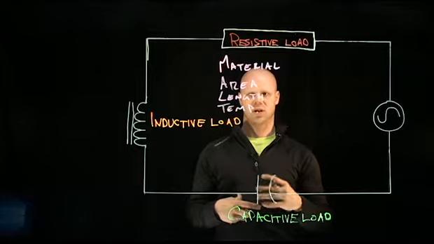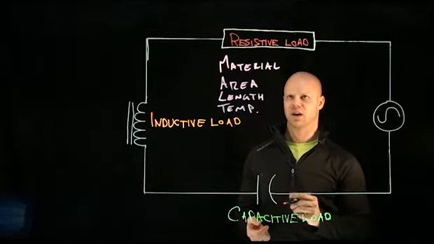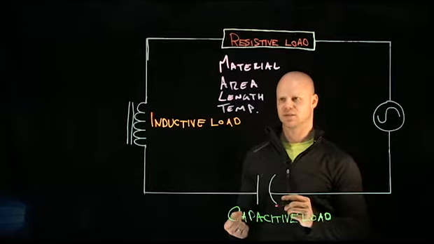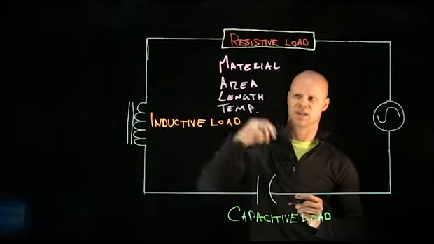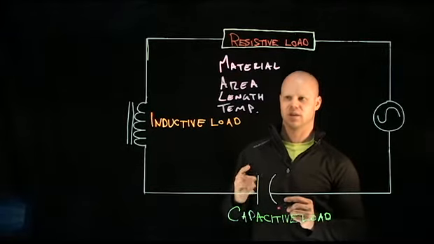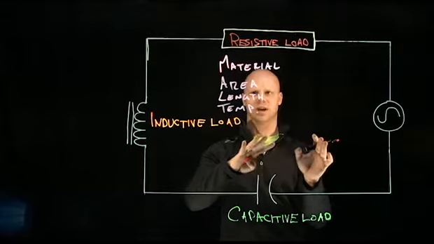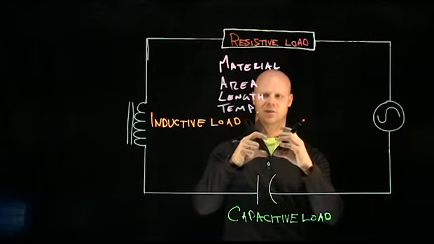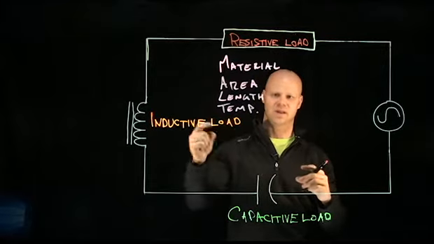So if I want to say, okay, how does frequency affect the resistance of a load? It doesn't. These are the four things that affect the resistance of a conductor. Copper versus aluminum, its resistivity, its cross-sectional area, the size of that conductor, how long is it, and the temperature.